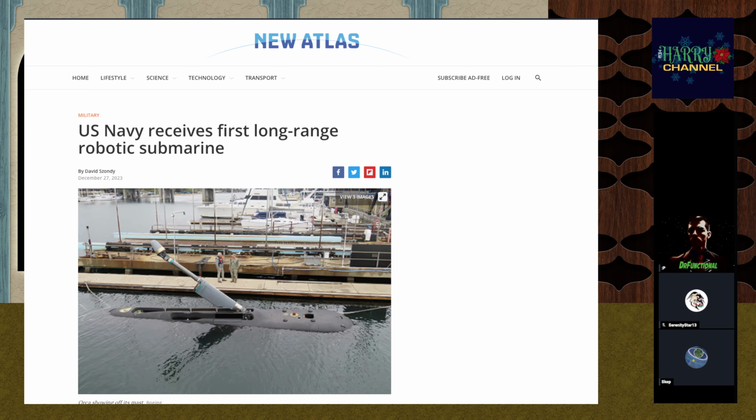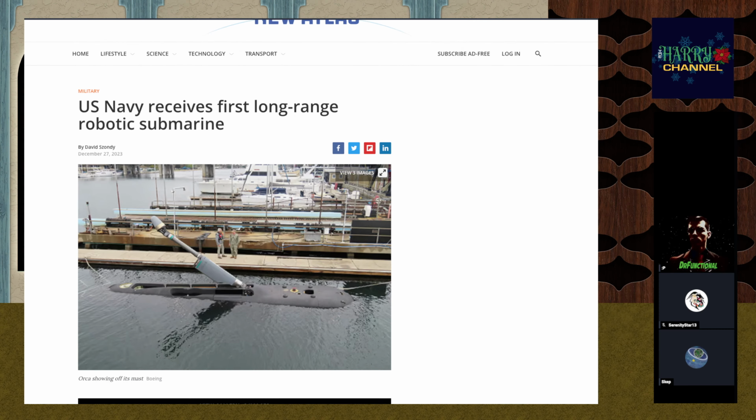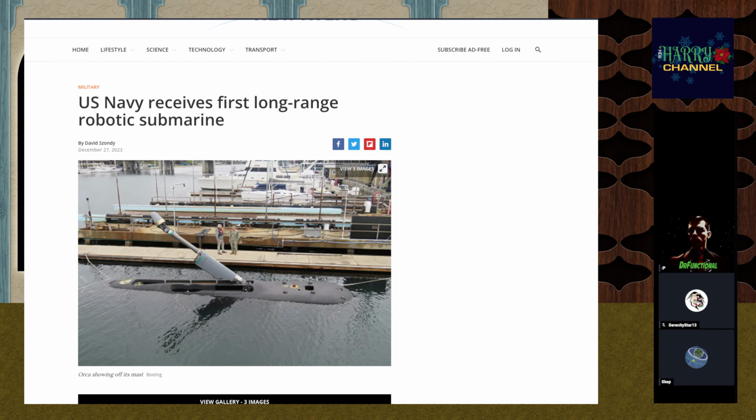Sure, why not? U.S. Navy receives first long-range robotic submarine. Yep. So it's basically a sub-drone, but it's long-range. This is just amazing. It's long range, long deployment, diesel powered, and like an old diesel sub, it can surface. It's got a snorkel, it recharges its batteries, and then it just goes deep again.